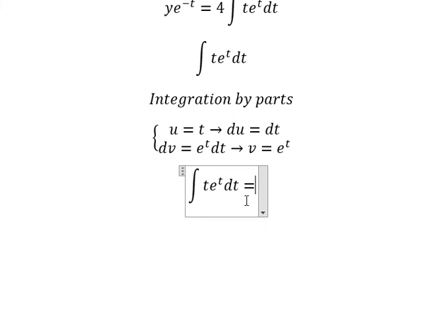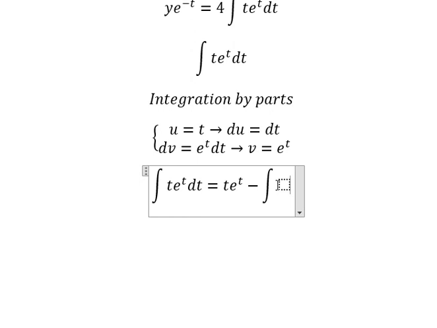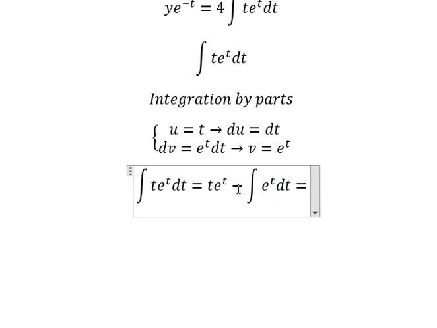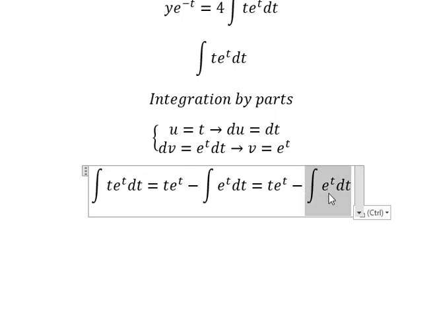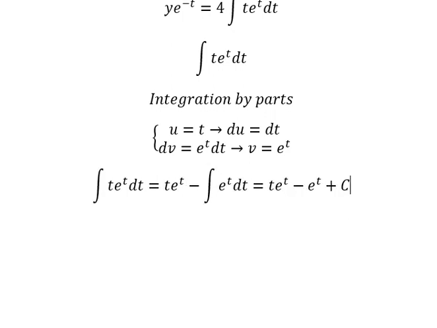So we have u multiplied by v minus the integration of v du, which is the integration of e to the power of t dt. The integration of this one gives e to the power of t, and we add c.